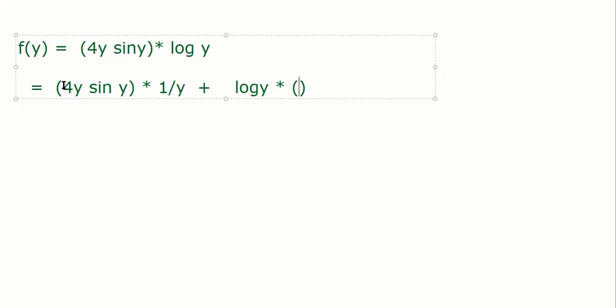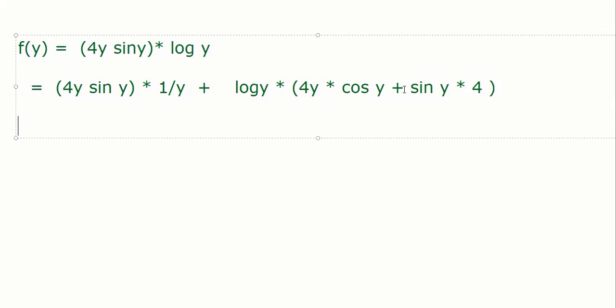Now, 4y we'll do into cos y, again the product rule of 4y sin y, right? 4y cos y. So he is using the product rule again in 4y sin y. So there he is doing 4y into differentiation of sin y, cos y, plus sin y as it is and then into differentiation of 4y, that is 4. Very nice.